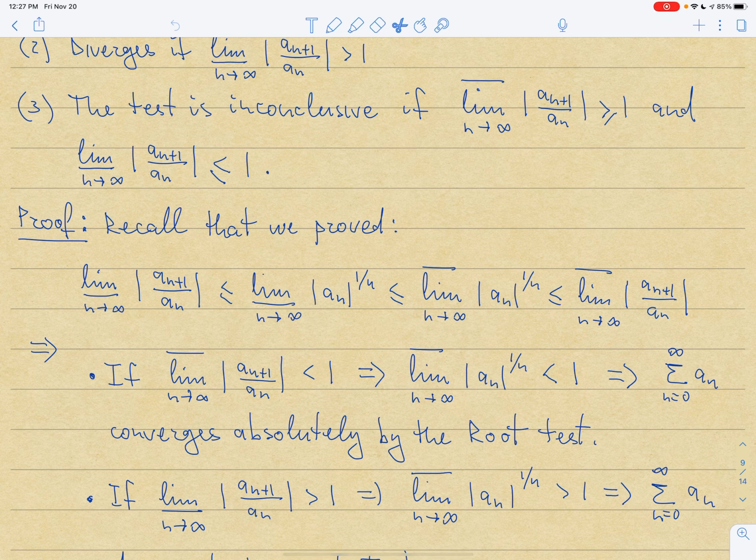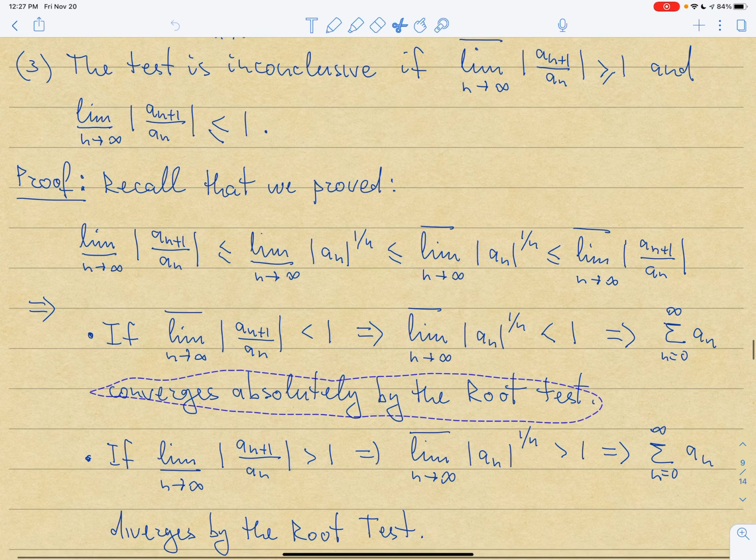So in particular, lim sup of the nth root of |a_n| is less than 1, and then from the root test, we know that the series must converge absolutely. And so that's a proof of the first statement.